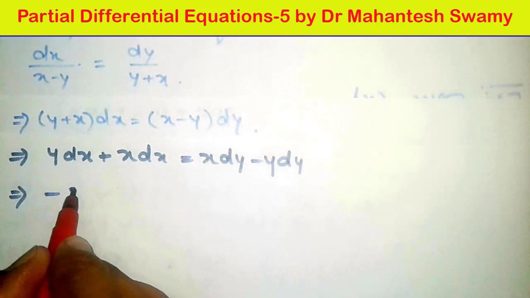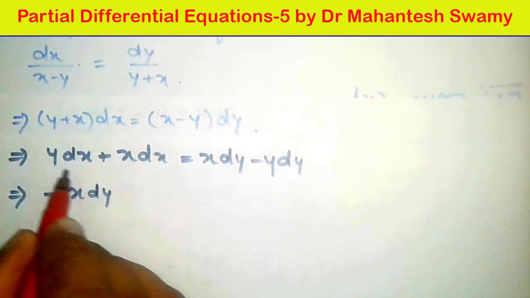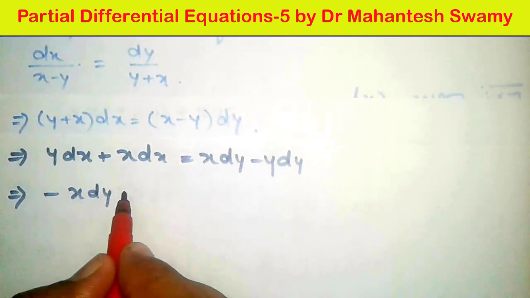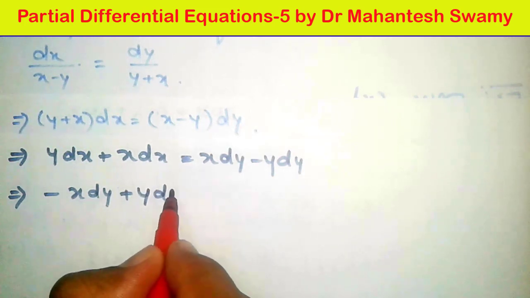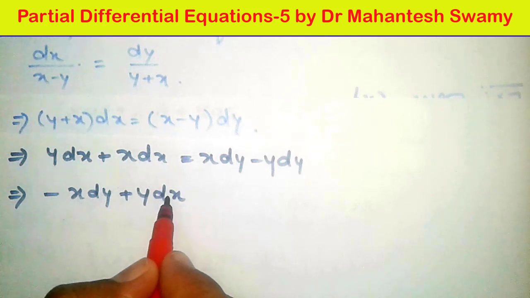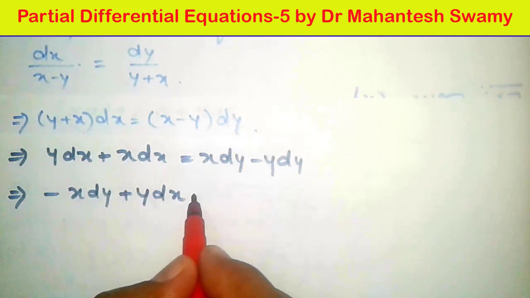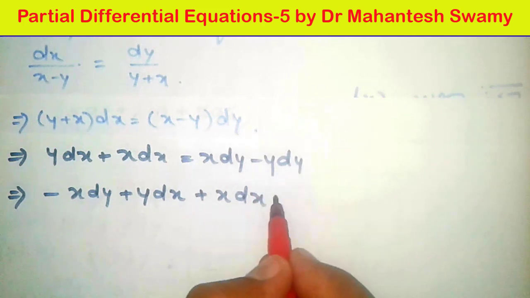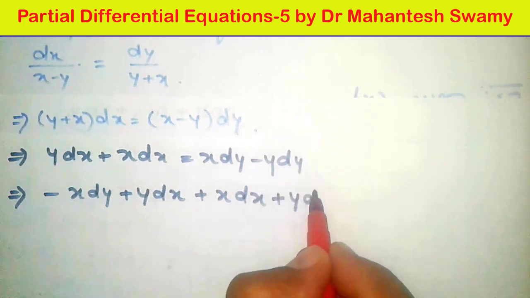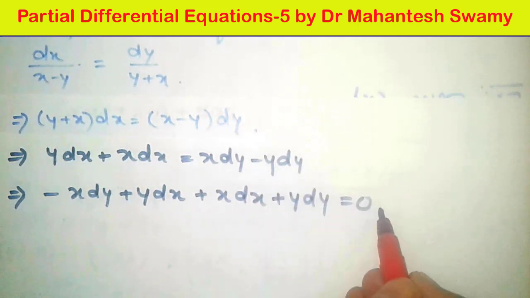So let us write minus x dy plus y dx, x dy and y dx we want to keep together, and this plus x dx as it is, and this minus y dy becomes plus y dy. So we have rearranged the terms like this.